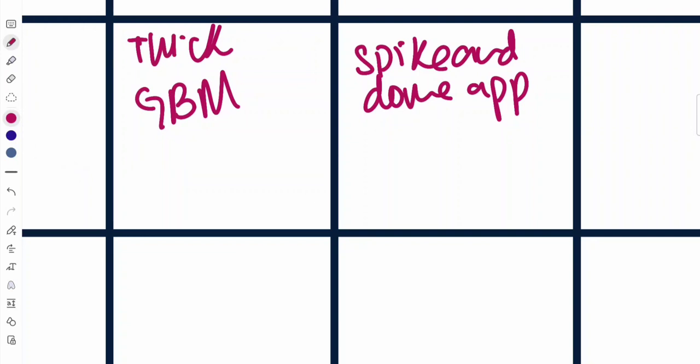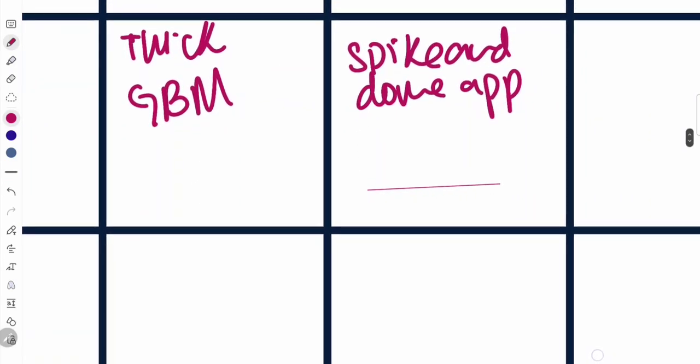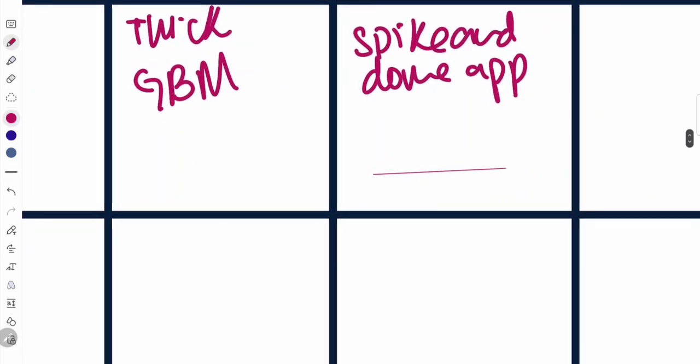Spike and dome appearance means that this is the glomerular basement membrane, and then there we have the endothelium. So the glomerular basement membrane, the endothelium. There will be a subepithelial deposit.